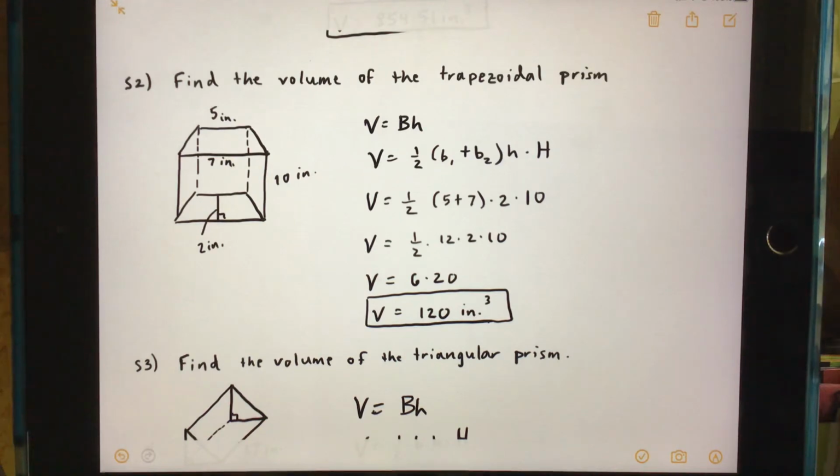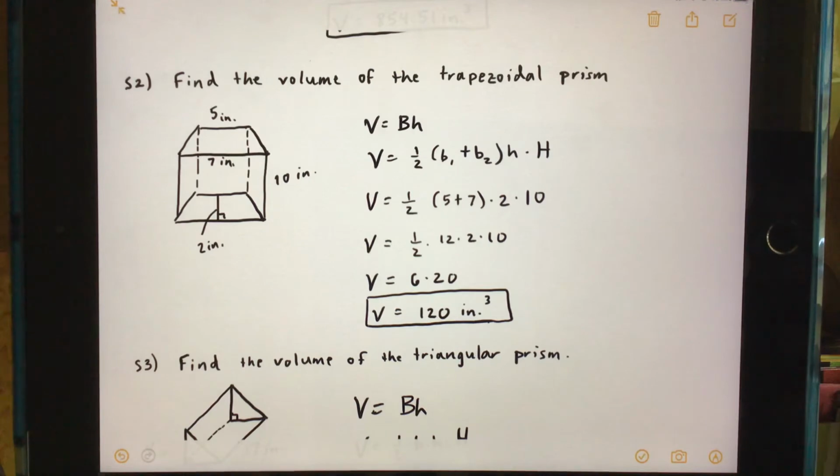Okay, so what would be the formula for the area of a trapezoid to fill in our big B, our base? Well, the area of a trapezoid is 1/2 times base 1 plus base 2 times the height of the trapezoid. I'm designating that with a little h, times h for the distance between those two bases.